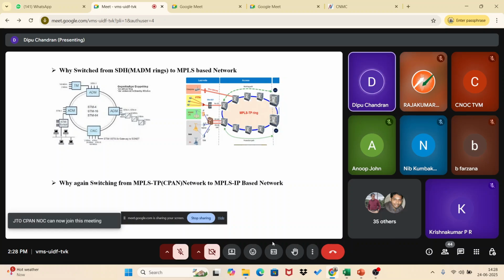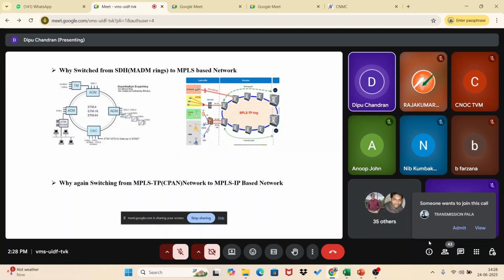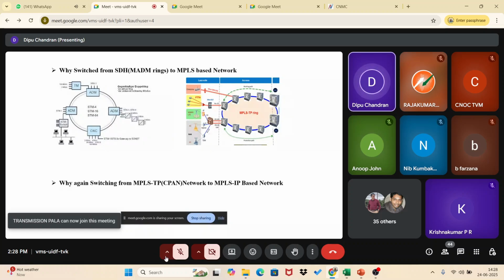And later we had a development, and all the ISPs felt the need that we cannot always do manual rerouting, and if there is an issue, somebody has to alert us when a failure happens. Sometimes tunnels may go faulty, we may not know, and for many reasons traffic goes down.